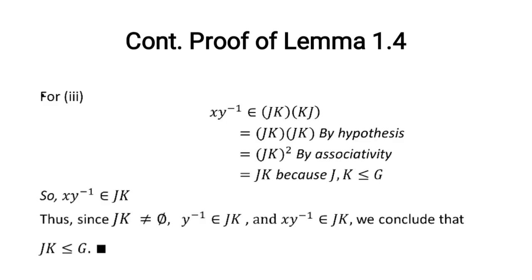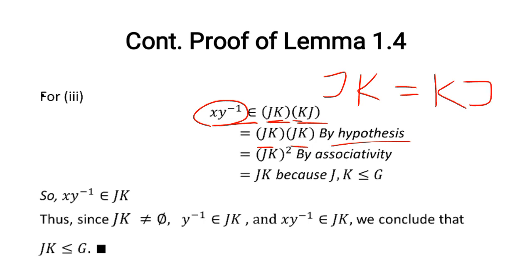For this, similarly to what we had done before, we know this product of these two would lie in JK, right? And we know what this is. It stays this. I'm just using my hypothesis. We know that JK equals KJ, commutativity. So this became this, right?